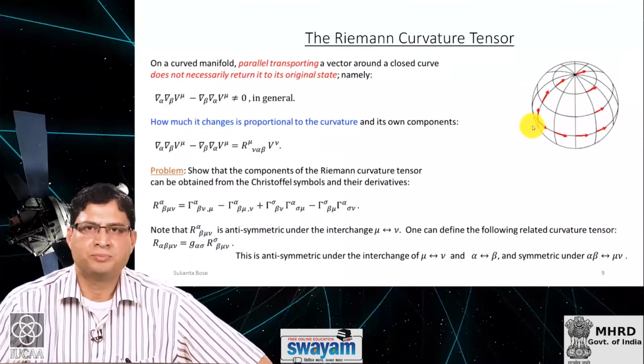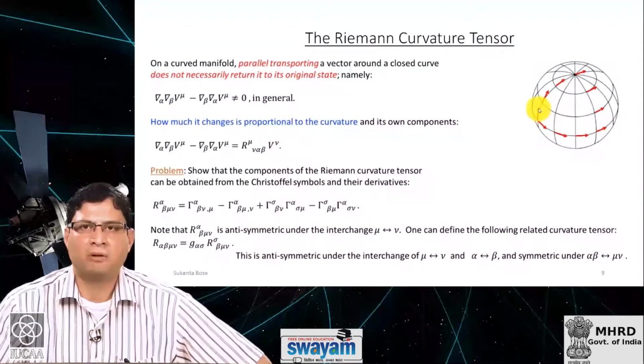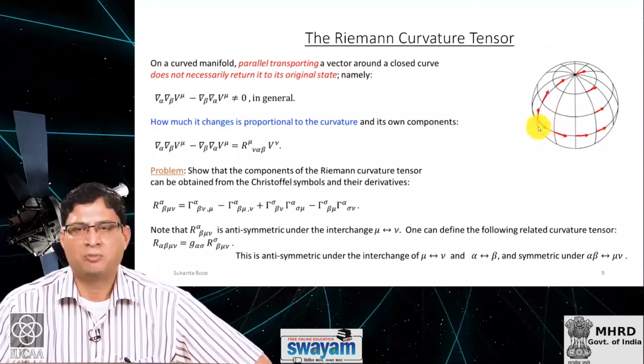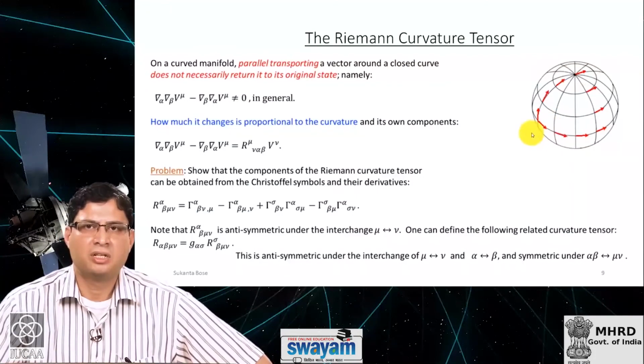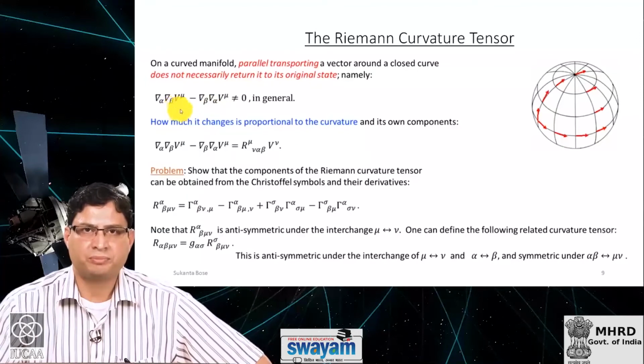But what you can show is that transporting your vector along the first side of the parallelogram and then the second side is like the action of these two covariant derivatives on the vector, and then parallel transporting your vector back down the third side and then the fourth side is like these two derivatives but in reverse.